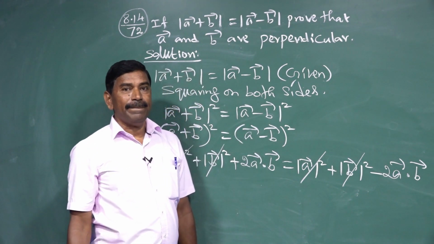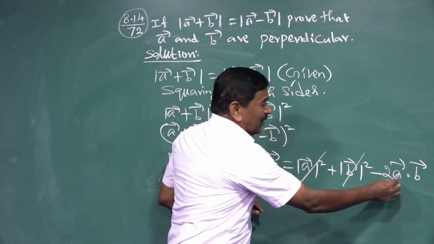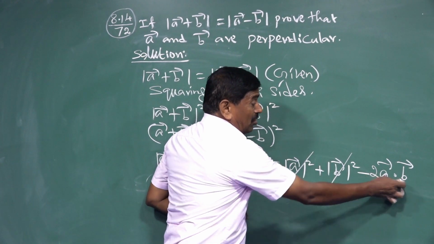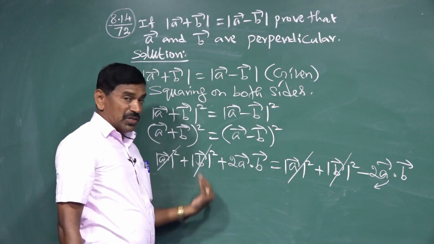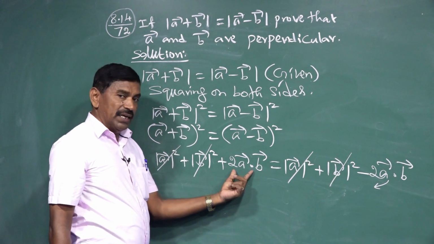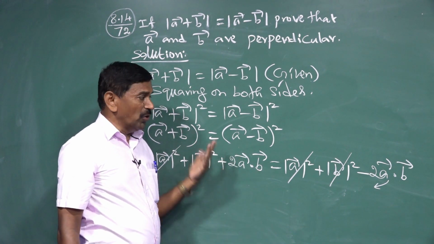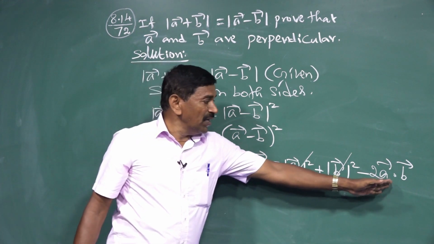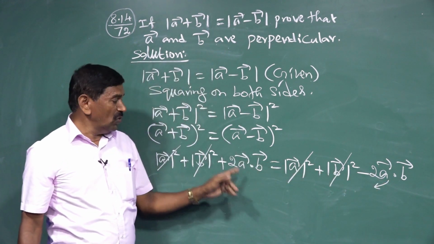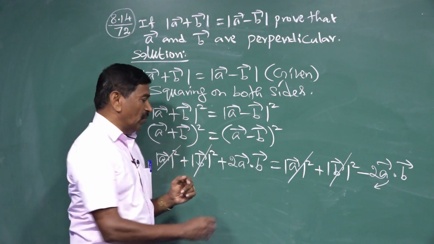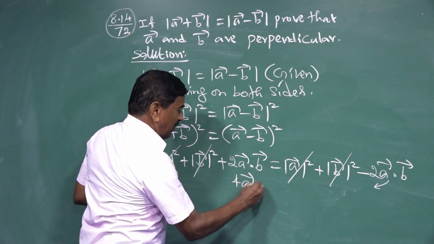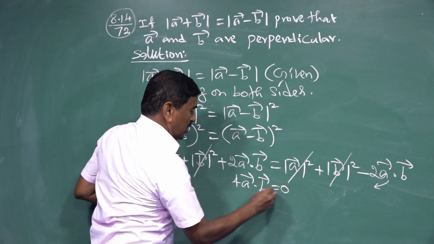Next step, this minus 2 A vector dot B vector comes to the left side and becomes plus, already plus 2 A vector dot B vector. So totally 2 plus 2 is 4. So 4 A vector dot B vector equals 0.